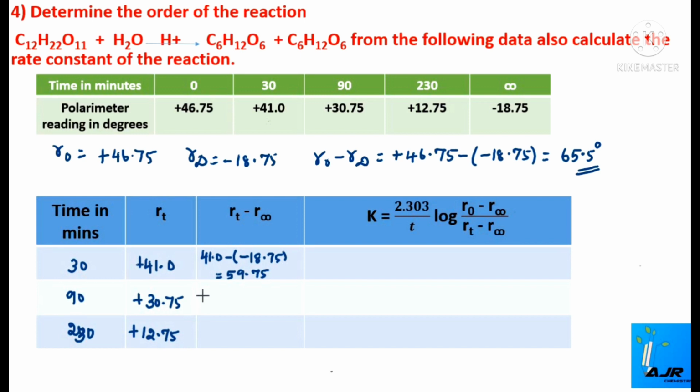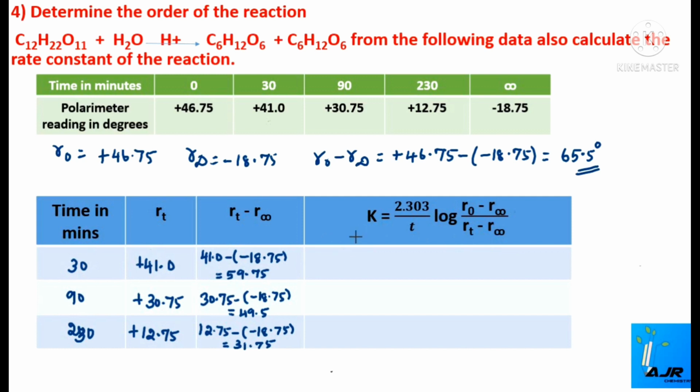Next value: 30.75 minus minus 18.75. When you are finding out the difference, the answer is 49.5. What's the next one? It is 12.75 minus minus 18.75. So the value is 31.75. So we have found out this Rt minus R infinity also.